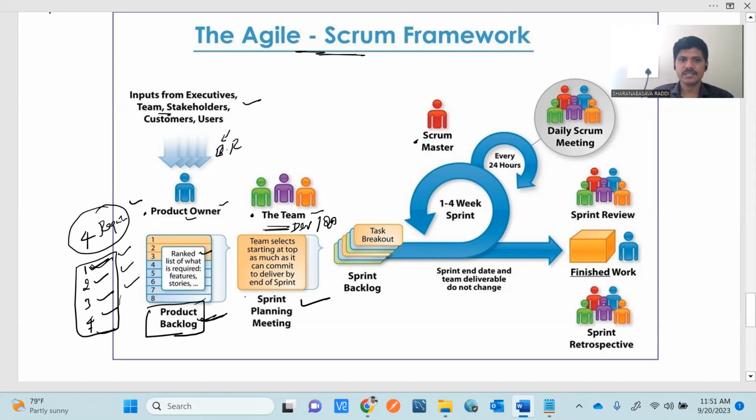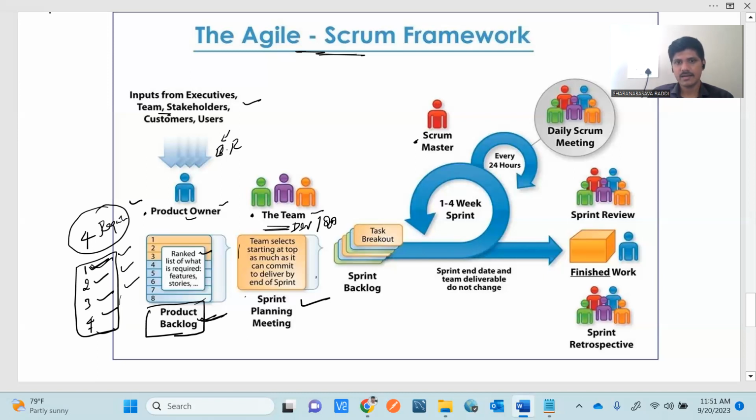In this sprint planning meeting, they will decide how many requirements, epics, or stories to implement as part of this sprint. They will decide which one is first and which is next, and for a specific sprint, which requirement they are going to consider and which epic or stories they are going to implement.